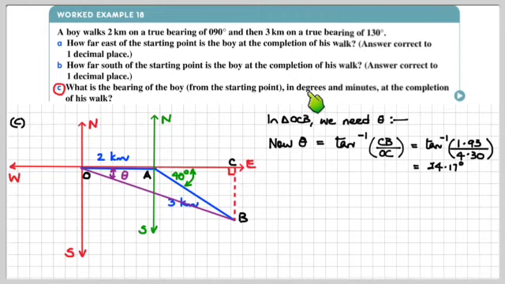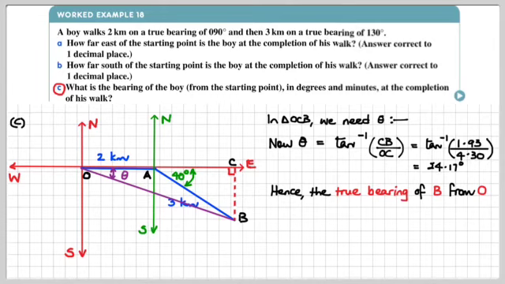But be very careful, we're asked for the angle in degrees and minutes. So we've got to take the decimal bit, the decimal leftover fractional bit of the degree here, beyond 24 degrees, and multiply that by 60 to convert that fraction of an angle into minutes. And I guess we'll quote it to the nearest minute, all right?